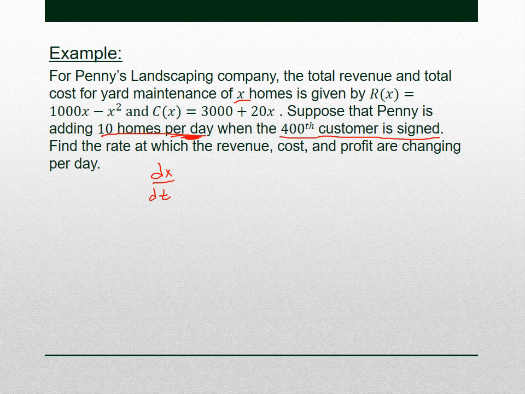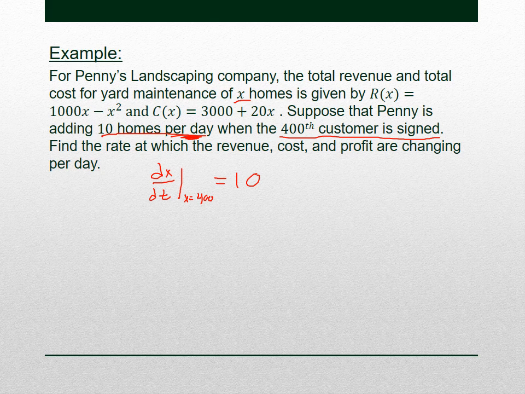Okay, so here we have something per day showing up. Per day should make you think that's a change over time. So if we're changing the number of homes x over time, that's something like dx/dt, the change in the number of homes x over time, and that's the derivative of x with respect to t.